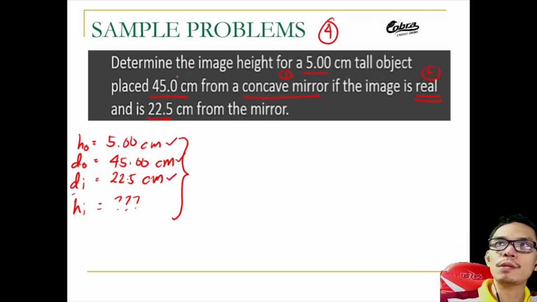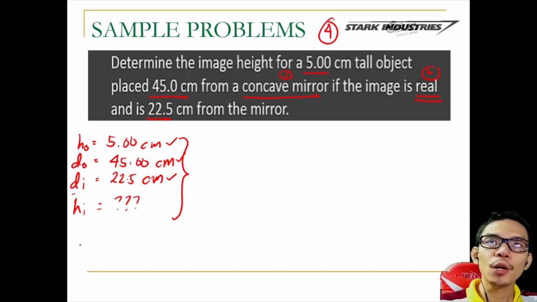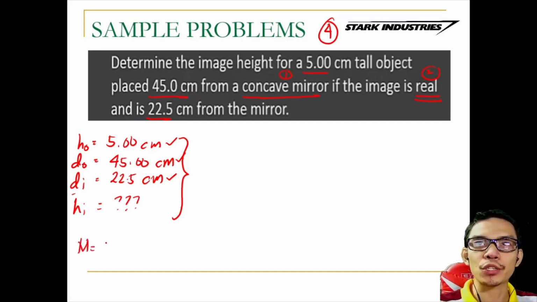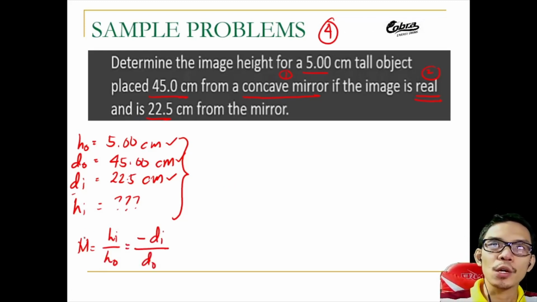Since this problem doesn't have any focal length at all, we can use the magnification equation, the second equation, which is height of the image divided by height of the object is equal to negative d sub i over distance of the object. Since we don't have the magnification, we can cancel this one.